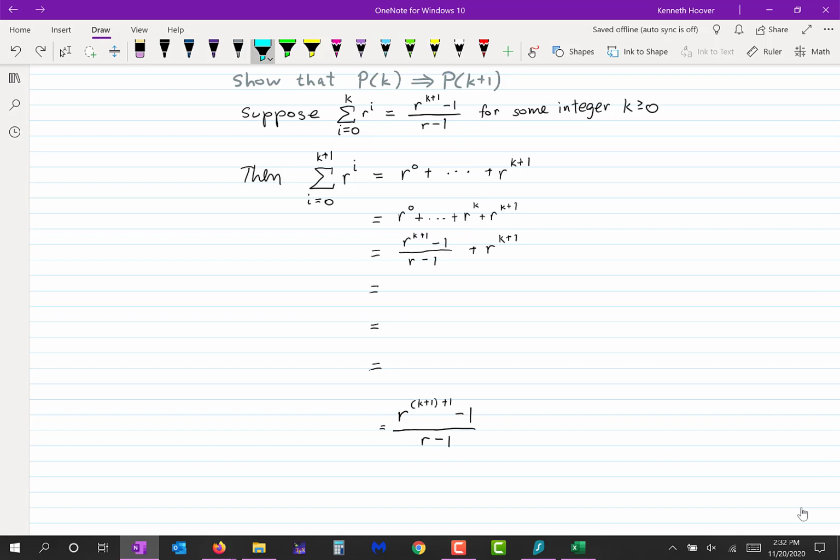Now I would like to do this addition right here. So I need a common denominator. So we'll write r to the k plus 1 minus 1 over r minus 1 plus r to the k plus 1 times r minus 1 over r minus 1.